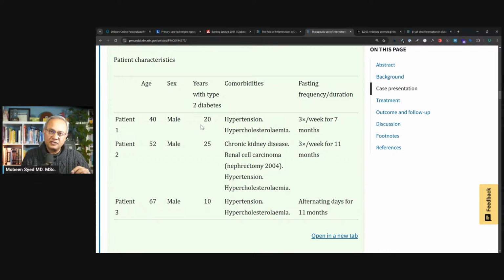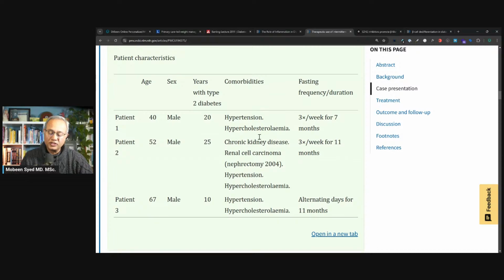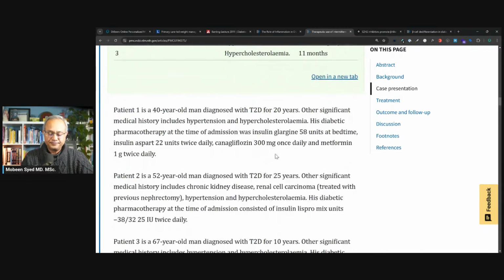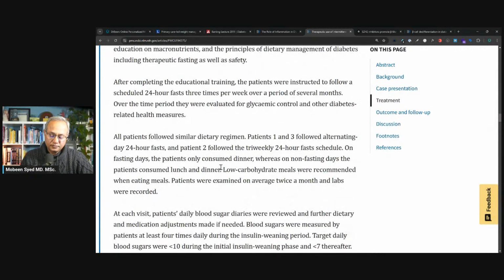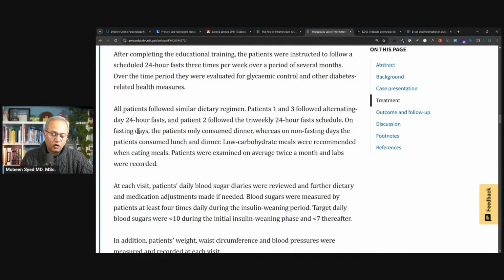And what was their diet? One day dinner, low calorie, but dinner. The other day, lunch and dinner. So there was no single day with the full fast. Dinner one day, lunch and dinner the other day. And the patients within 3 weeks, look at this, all patients followed similar dietary regimen.